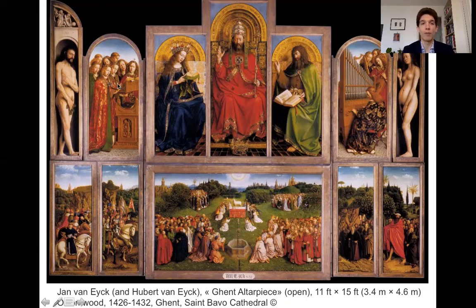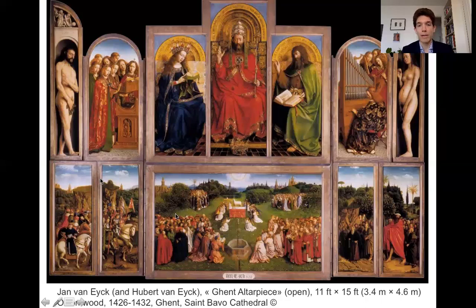On the side of what is called the upper register of a polyptych are these singing and playing angels. At the end of the two wings of this upper register, we can see an incredible depiction of Adam and Eve.